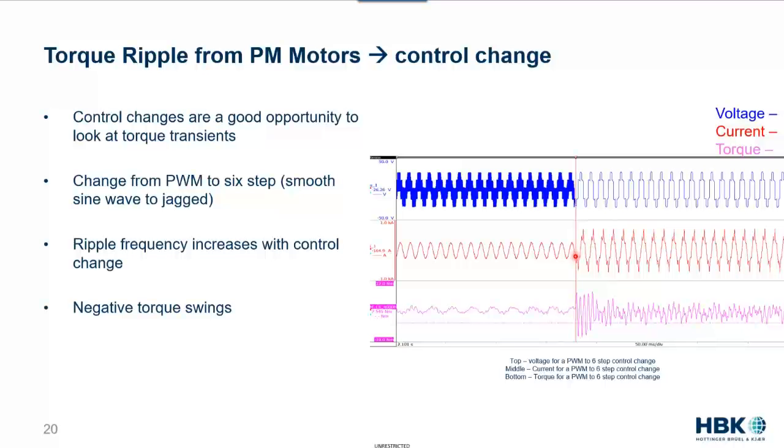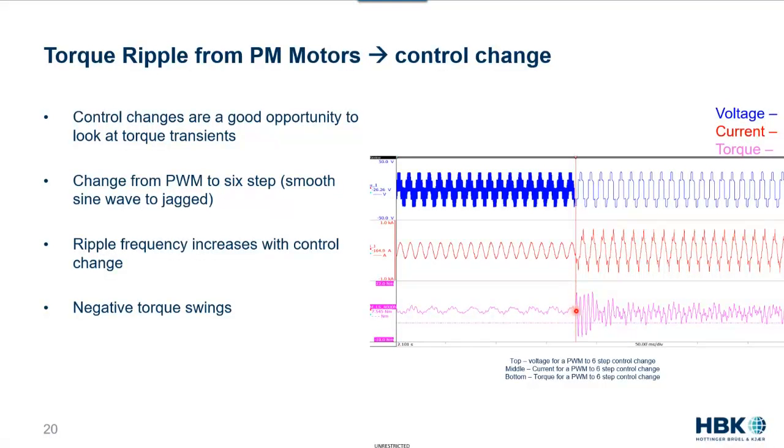Now we apply that control change to a 6-step excitation, and suddenly we go from 13.5 kilohertz down to 500 hertz on the voltage. You see the current react, and instead of being a nice clean sinusoid, it looks much more jagged and non-sinusoidal. We also see that change reflected in the torque.